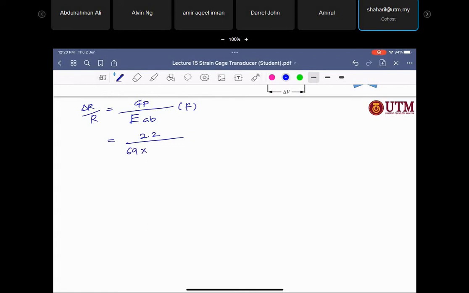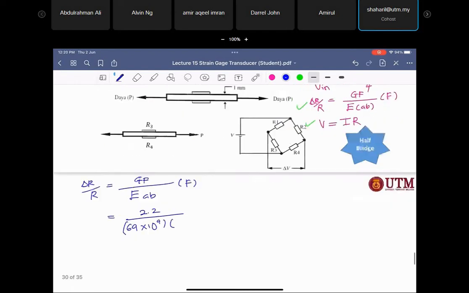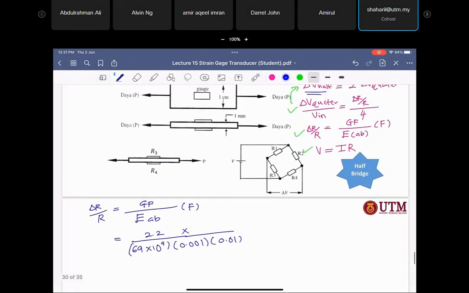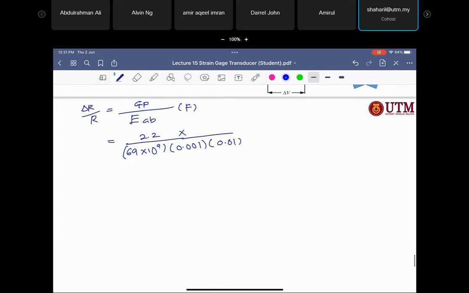Giga, power of 9. 1 millimeter times 1 centimeter. 1 millimeter, that means 0.001, isn't it? So you just times 1 centimeter, that means 0.01. Then this one is force, 400 Newton. Okay.